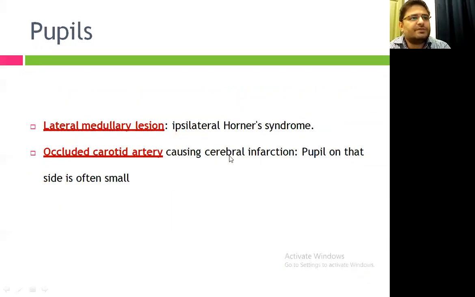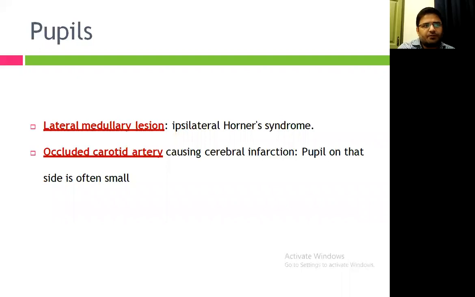Lateral medullary lesion gives ipsilateral Horner syndrome, which is characterized by sunken eyes, partial ptosis, and eyeballs placed inward in the sockets. The patient usually has absence of sweat on the affected side, due to sympathetic involvement. An occluded carotid artery usually causes the pupil on that side to be small.